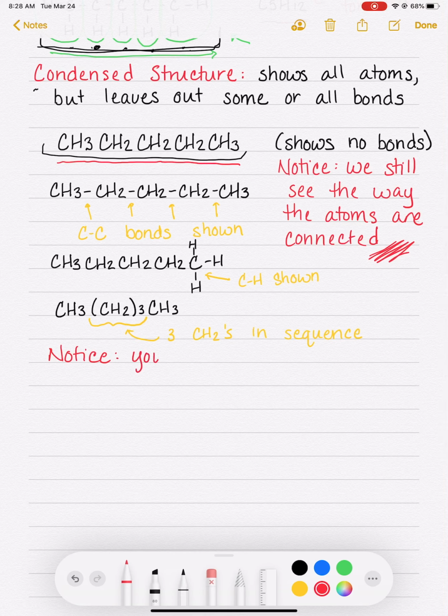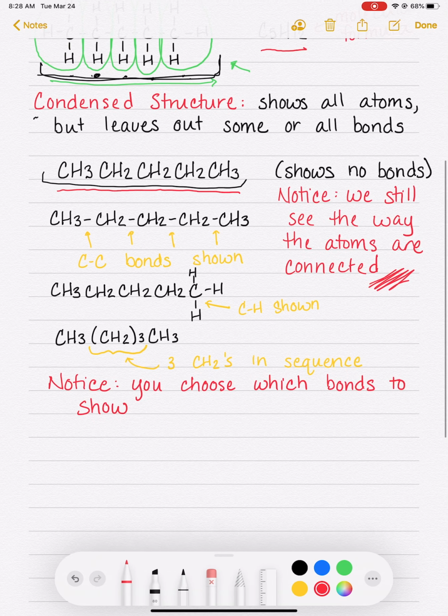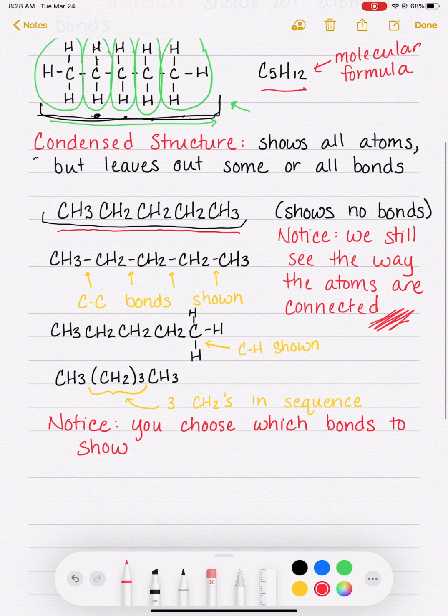You get to choose which bonds you leave out and which bonds you show. And it's just totally based on your personal preference. There isn't ever going to be any type of rule about which bonds you need to show.